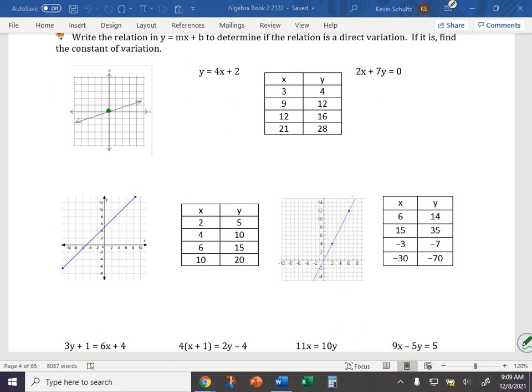Because if it does, that means the y-intercept, where it crosses that vertical axis, is 0. So that's why we said that this first one was yes, it is direct variation because it passes through the origin. The one right below it, does that pass through the origin? No, so it's not direct variation. So you move on with your life. Okay?